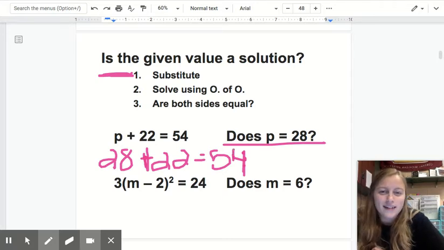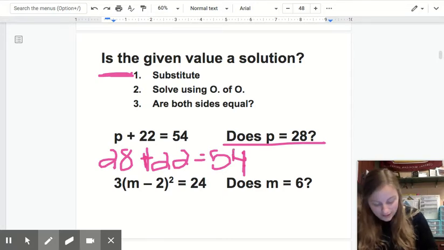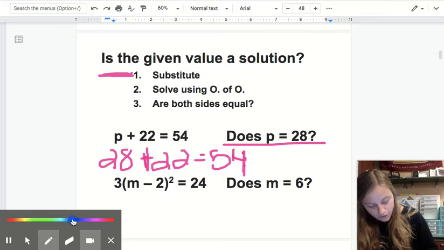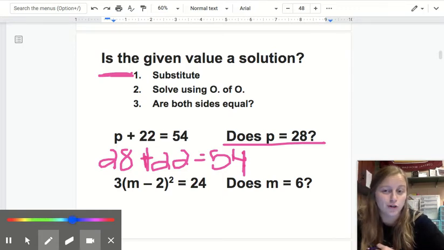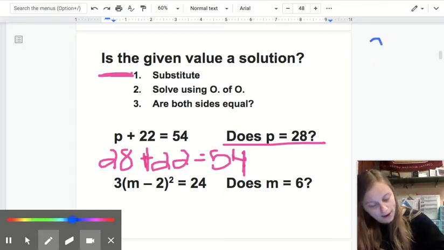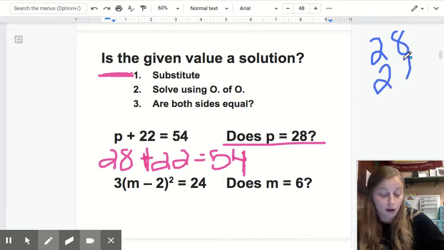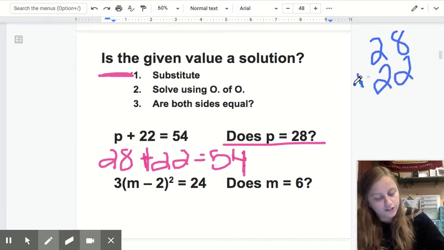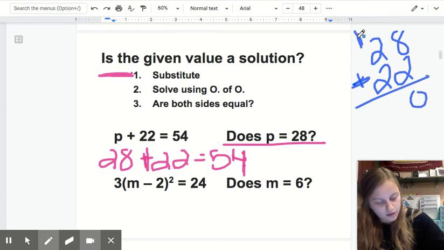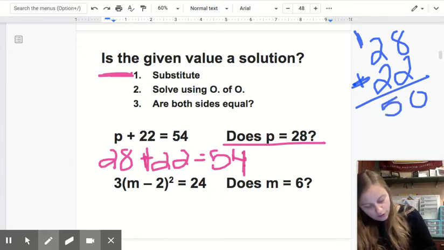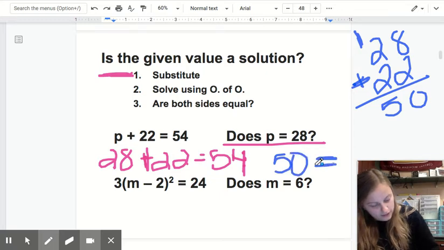Well, let's see. What is 28 plus 22? I can do that math over here if I need. You do have calculators this chapter, so you could just type it in. 8 plus 2 is 10. 1 plus 2 plus 2 is 5. So this really says 50 equals 54.